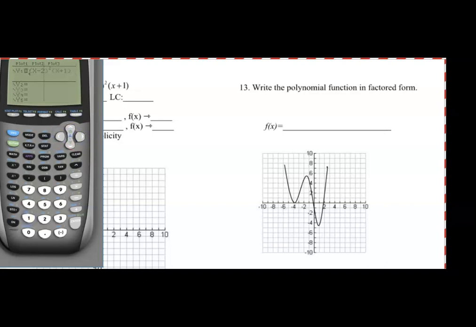Otherwise, very similar. So we hit graph. Oh, wait a minute. There was one other difference. This is not 3x squared. Sorry. It's just 3x. Did not get rid of that. Delete. There we go.